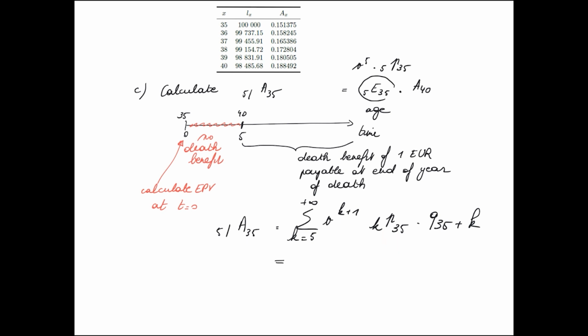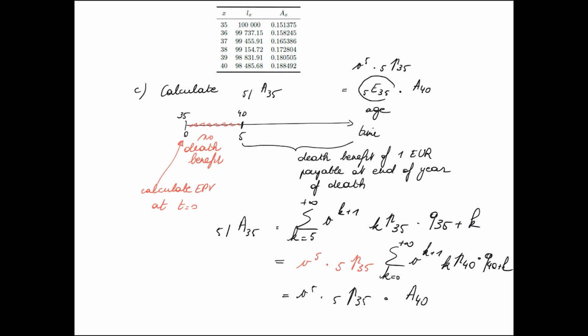So we can rewrite this expression as v to the power 5 multiplied with 5p35 times the sum for k running from 0 to plus infinity of v to the power k plus 1 times kp40 times q40 plus k. And there we exactly recognize the EPV of a whole life insurance issued to a 40-year-old.